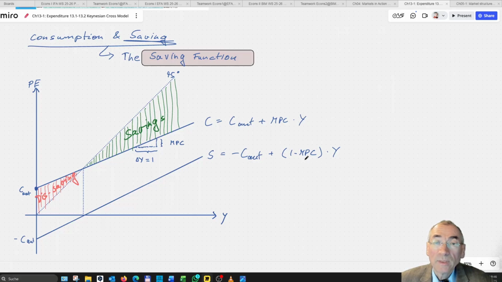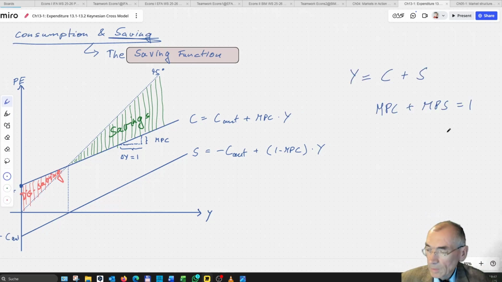Basically, we can say that we divide our income between consumption and savings, so that Y equals C plus S. And when we look at the marginal terms, then these two have to add up to 1 or to 100%. As described here, the marginal propensity to consume plus the marginal propensity to save is 1. If this is 80%, then that is 20%. If this is 50%, this is also 50%, and so on. We divide our income into these two activities.